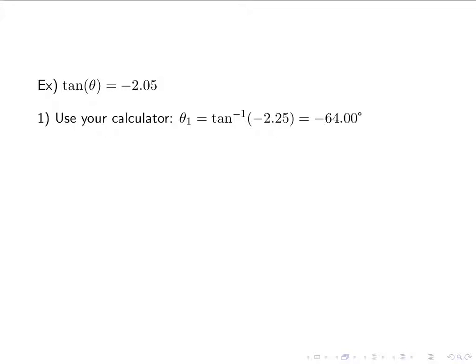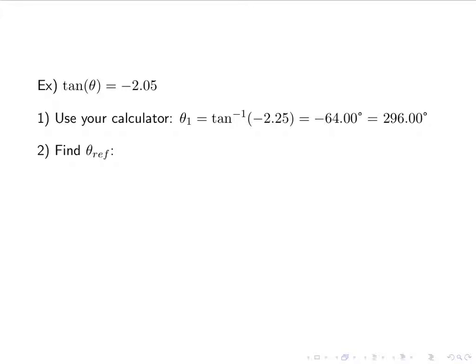In order to use our equations for theta reference, our angle has to be between 0 and 360. So don't forget that to change it, I'm going to add 360 degrees to it. Negative 64 plus 360 gives us 296, again to 2 decimals, 0.00.